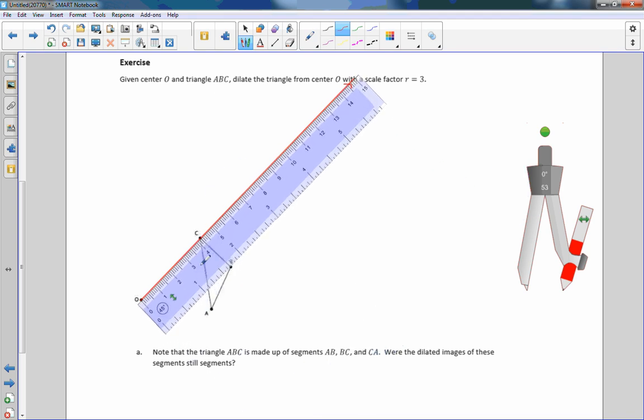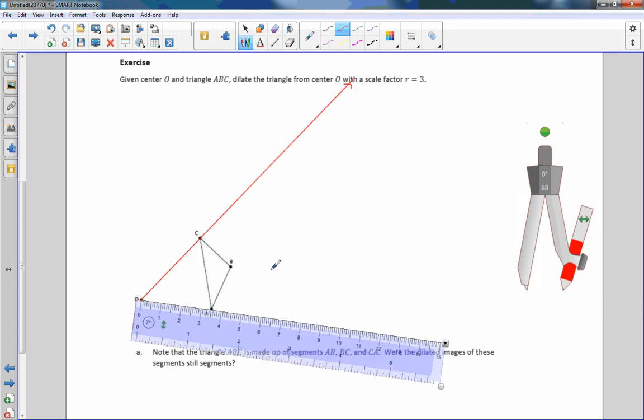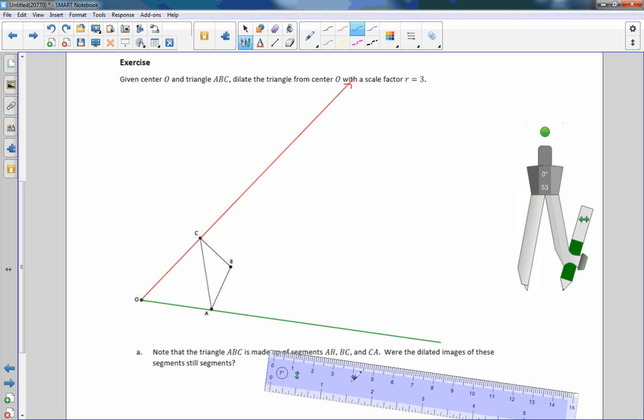So I'm going to put the ruler back here, rotate it so that I'm at A. I'll draw this in green, and we're going to go out like so. We start at 0. For some reason it's not. Here, let me try this end. That's better. Up to O. Okay, so there's what we're going to dilate on.